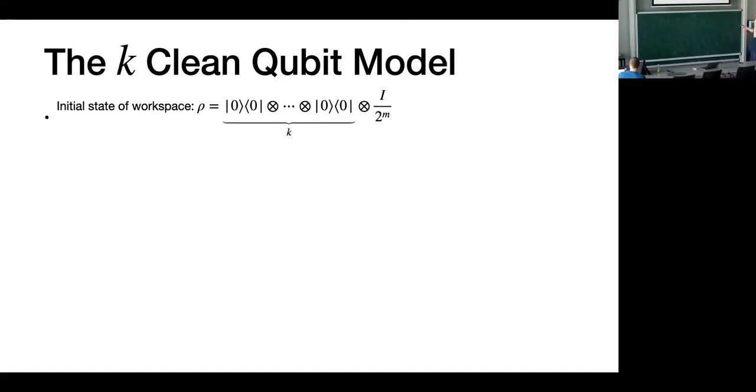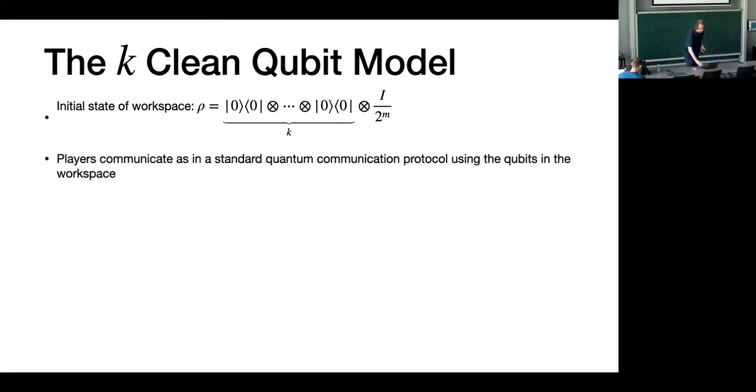So if we have K clean qubits, then there's this state where we have K coherent qubits, and then there's some M that start out in the totally mixed state. And this is all that the players have to communicate.